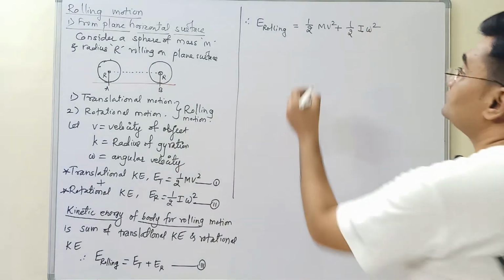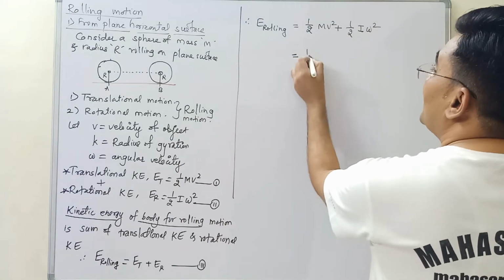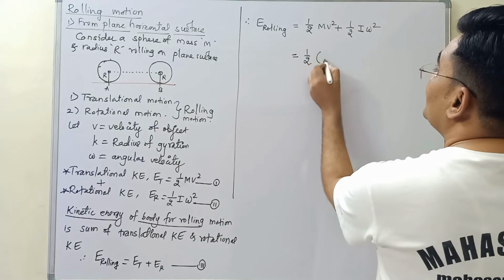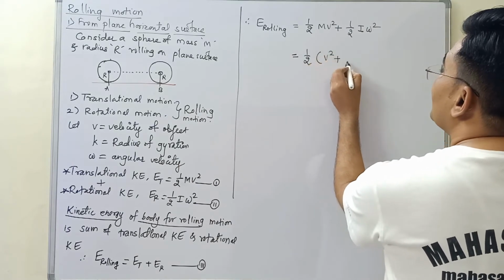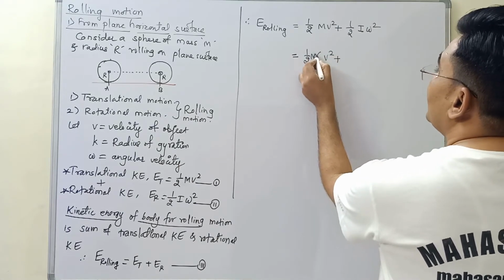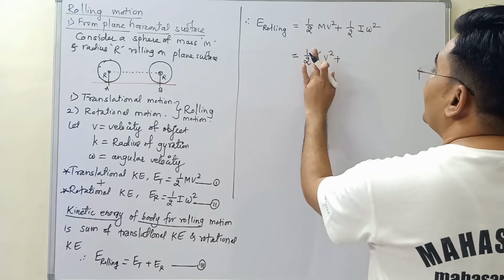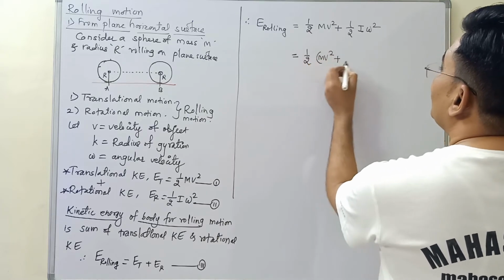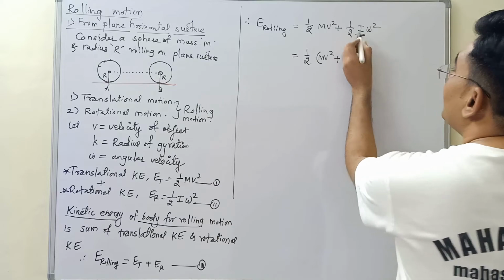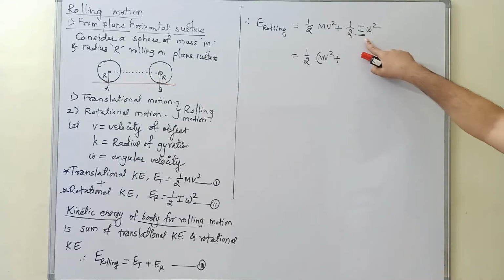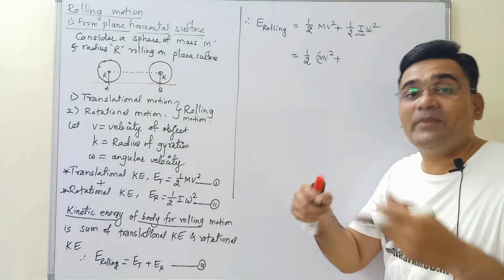Okay, equal to half m into v square plus half m, not m, half m v square plus, instead of writing I, that is moment of inertia.